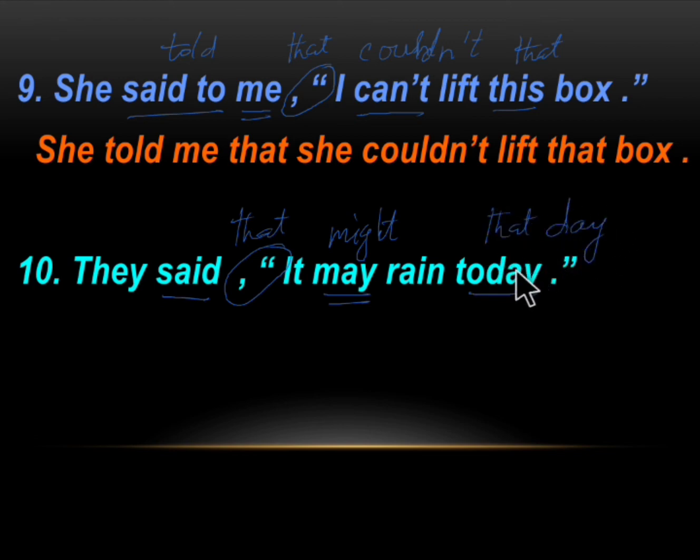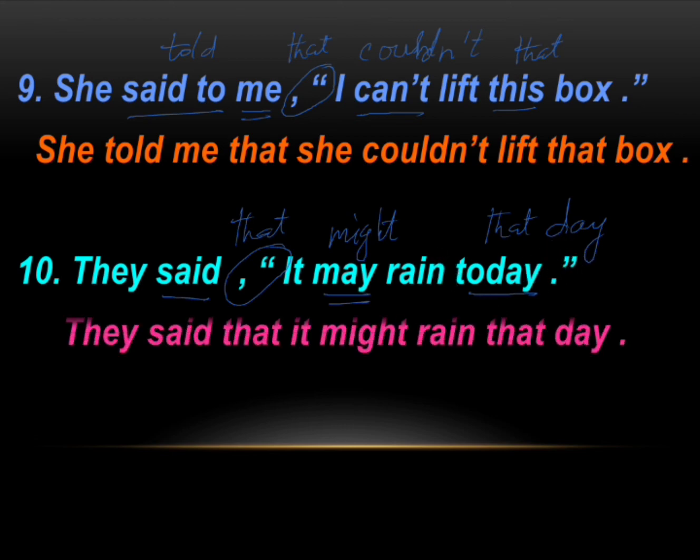Please refer to the rules in the previous videos where we have the changes in the tenses, the connector, and the changes in words. Now let us see the indirect speech. They said that it might rain that day.